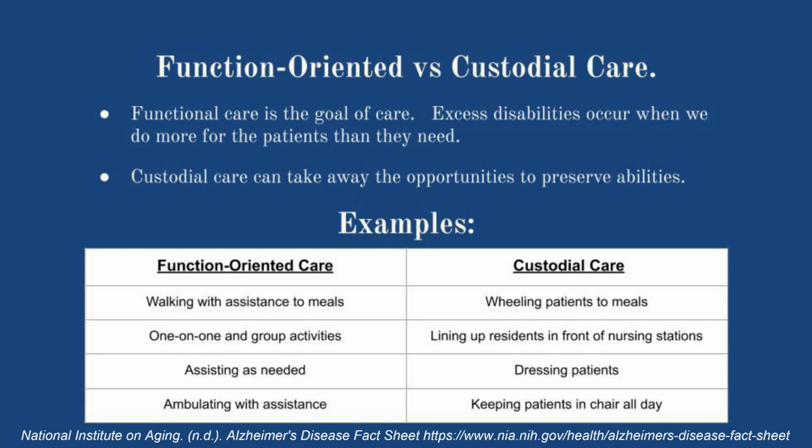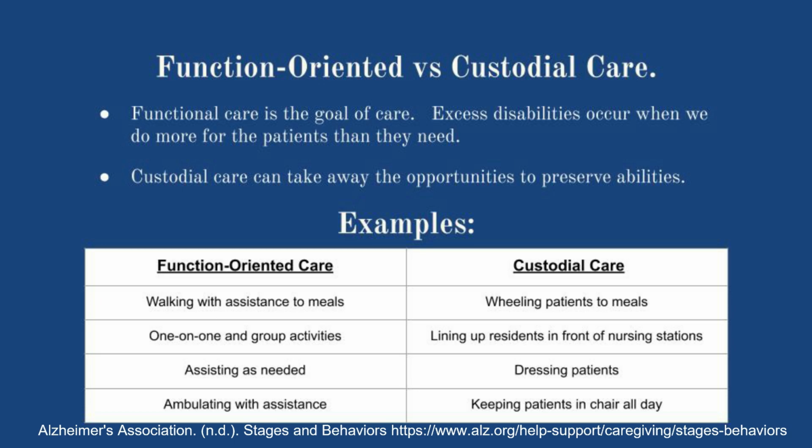Function-oriented care would only be assisting as needed. Custodial care would be dressing the patients, grooming the patients without allowing them to try to do it. Function-oriented care would be ambulating with assistance or walking with assistance. Custodial care is just keeping patients in a chair all day.